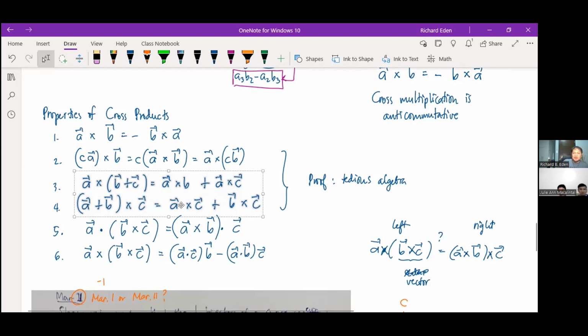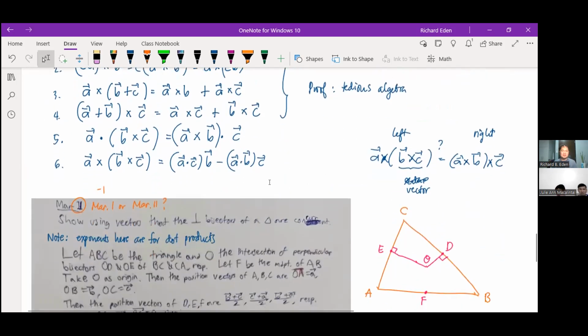The proof involves tedious algebra, but essentially what 2, 3, and 4 tell us is that we can also do certain calculations as if we are carrying out high school algebraic computations. Kasi mayroong distributive property and wala lang commutative property. So we always have to be careful about the order.